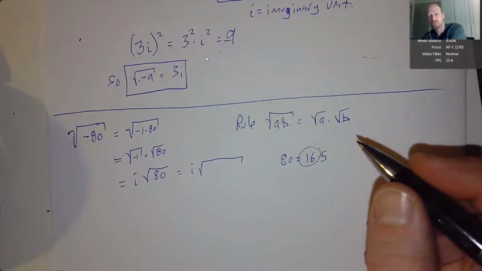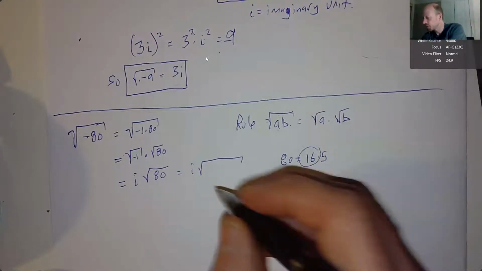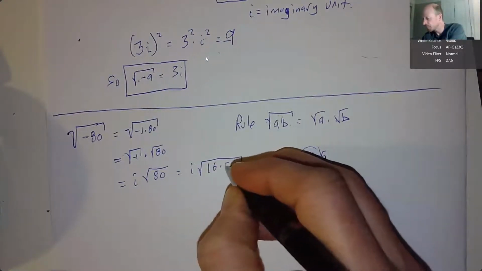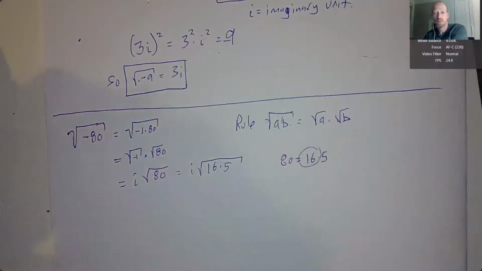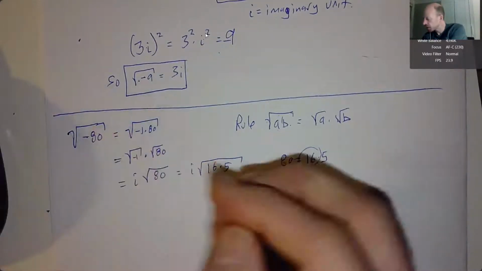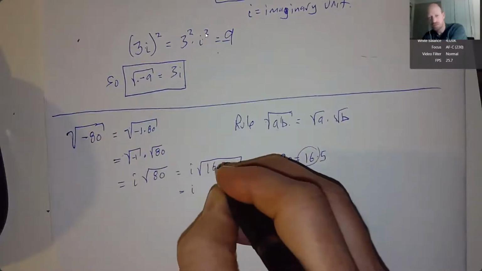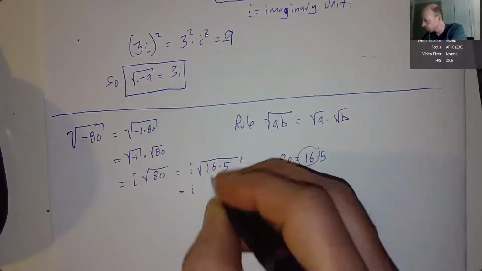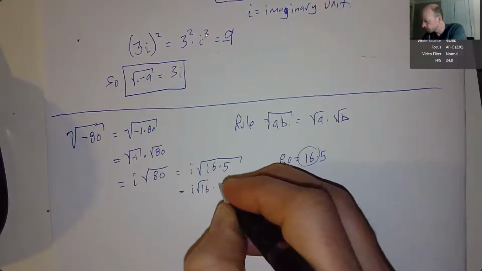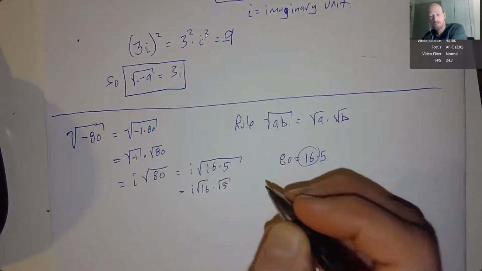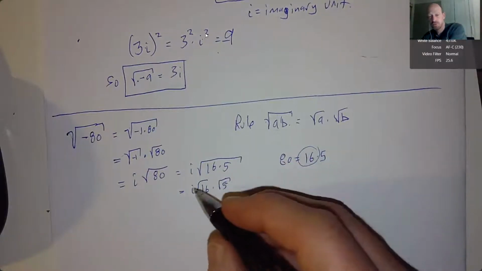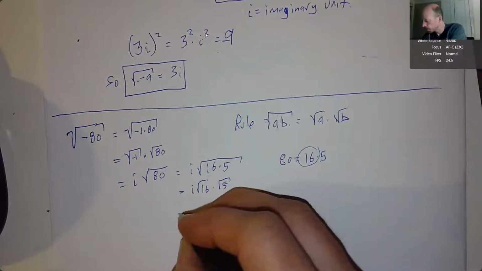The square root of 16 is 4. So when I rewrite 80 as 16 times 5, that's going to allow me to take the square root of 16 when I break this apart, and then the square root of 5. The square root of 16 is 4.